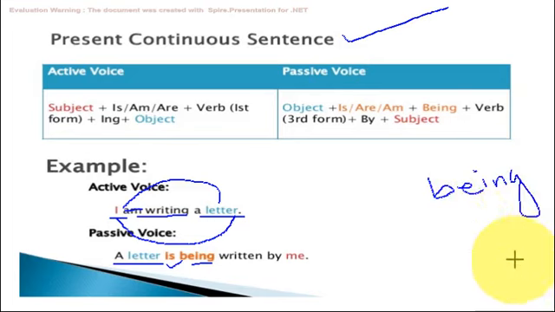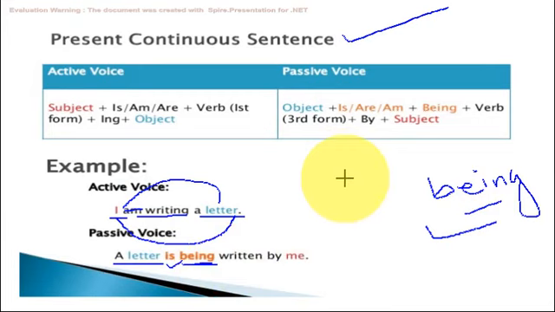See, be, being, because in present continuous tense the verb is always taking ing form, because we are going to remove its ing form and we have to convert the main verb into its third form. So we have to use being in continuous sentences, right? Now a letter is being, we use being here.